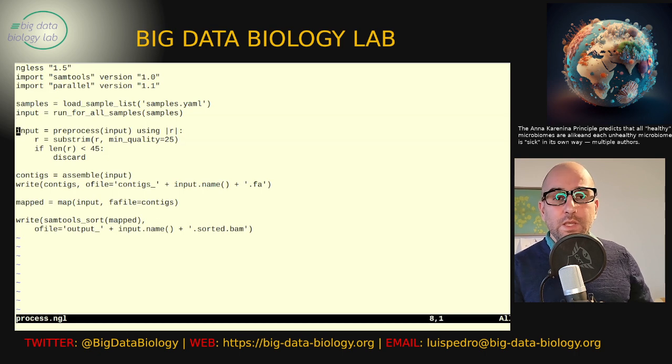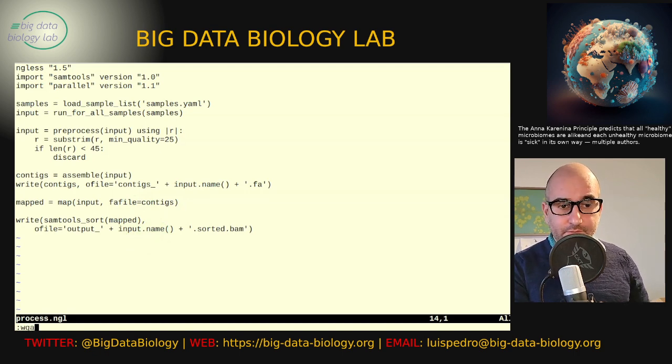This is a little bit like a standard for loop, and you can see that we access input.name to get the name of each sample each time through the loop. Everything else is as we did last time: basic preprocessing, assembly, and then mapping to the assembled contigs.